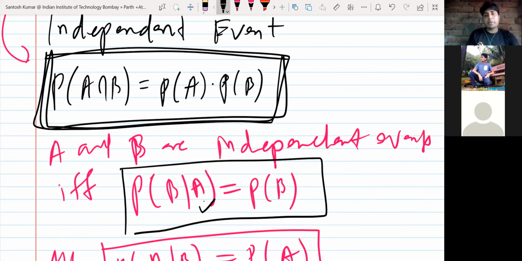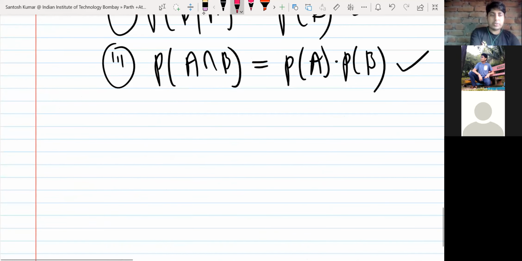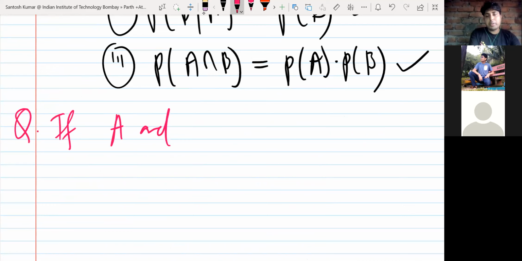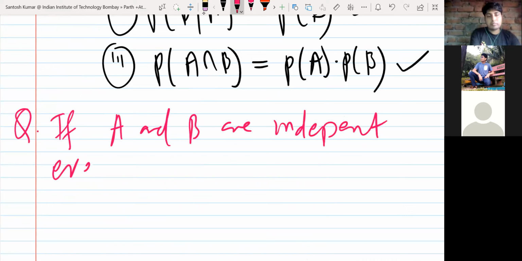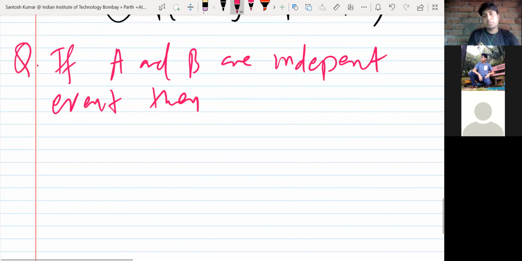Now my question to you is, let me write one question based on just the definition. If A and B are independent events, then, before that, do you want to see any example? Theoretically you can also prove it.